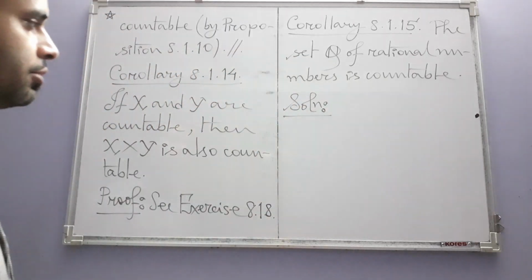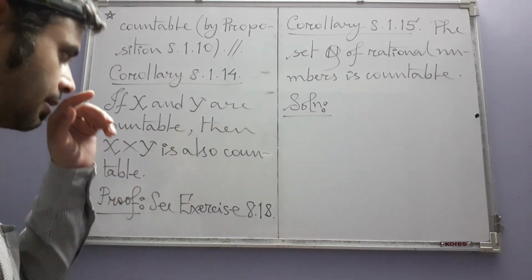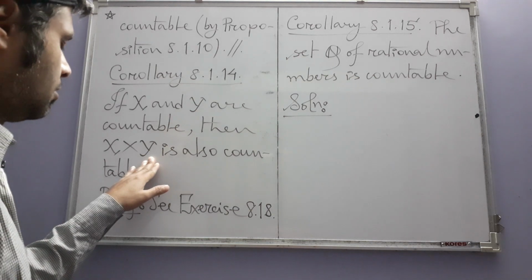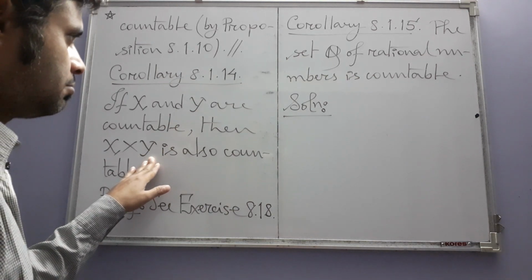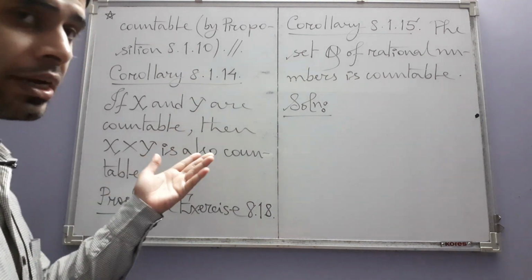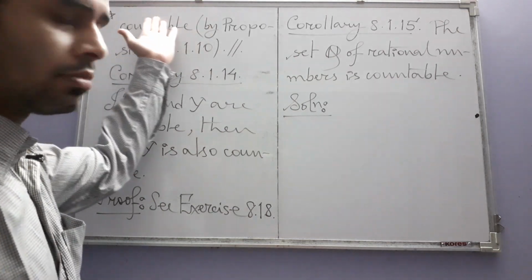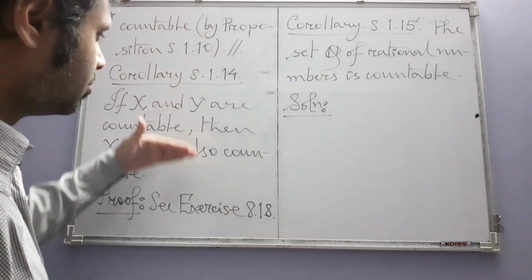We are now going to take the help of these results that we have proved, and especially this one. Then you may ask, then what is the point of proving the other results that come before this one?